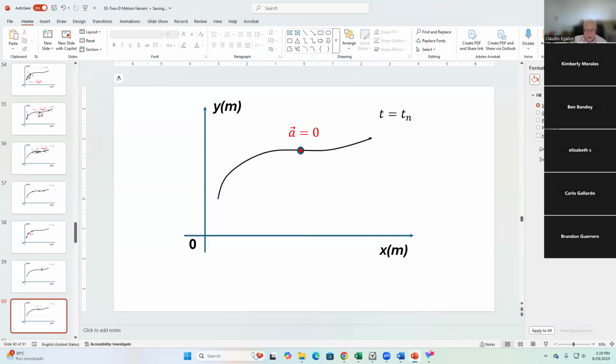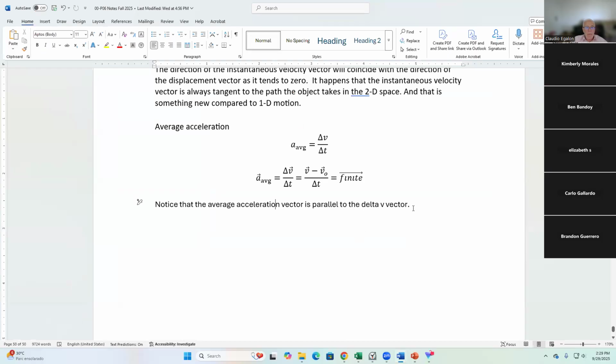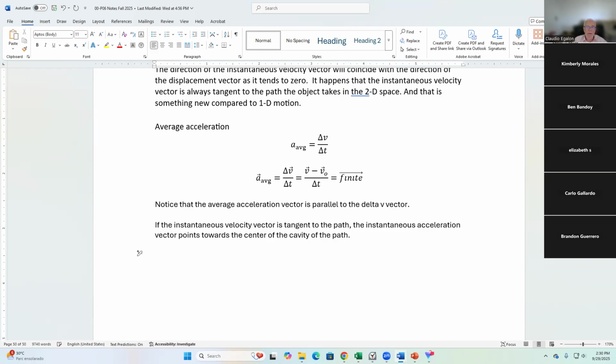If the velocity vector is tangent to the path, if the instantaneous velocity vector is tangent to the path, the instantaneous acceleration vector points towards the center of the cavity of the path. Okay?